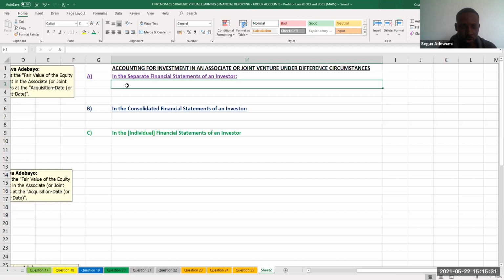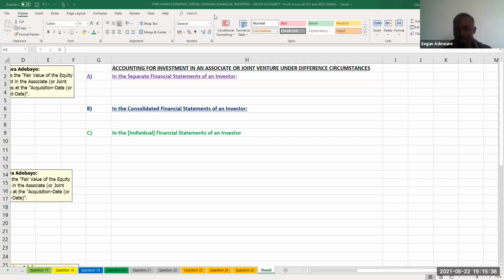Okay, let's start from the first one. The separate financial statement of an investor is a financial statement of the company without any intercompany adjustments. And the second one, which is a consolidated financial statement, is a financial statement of the group that consists of the parent and the subsidiary.